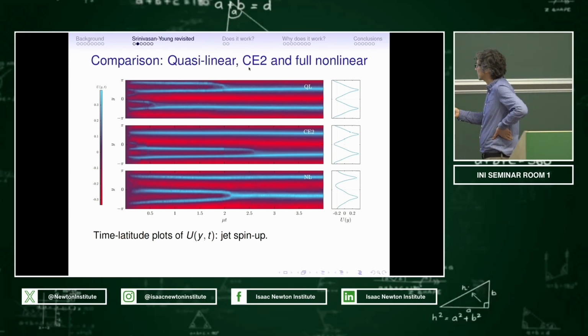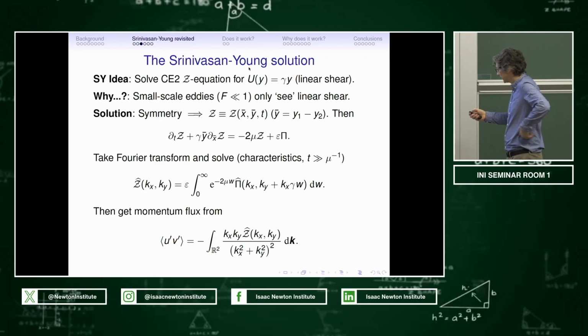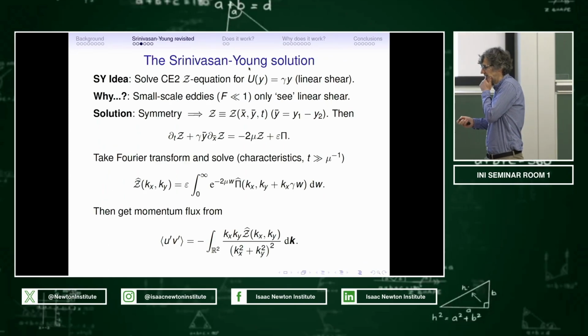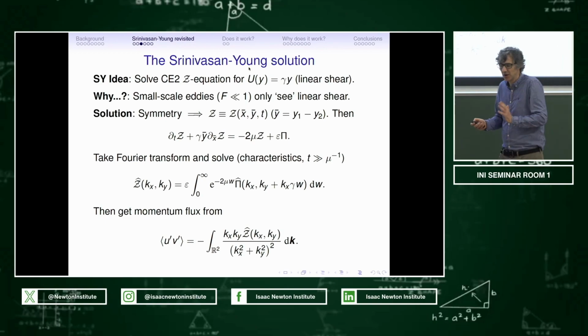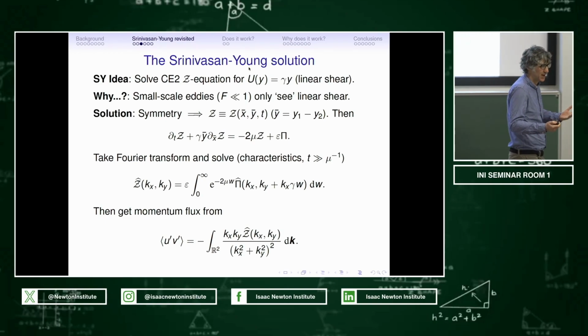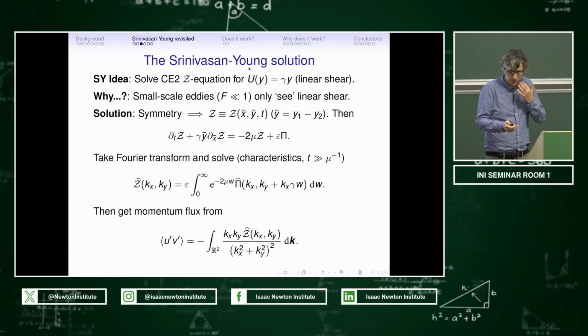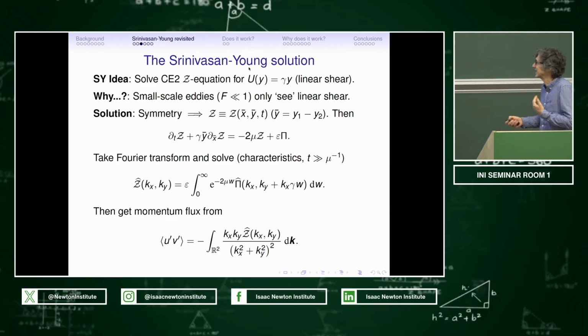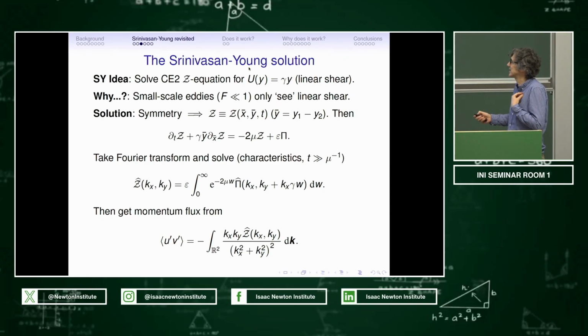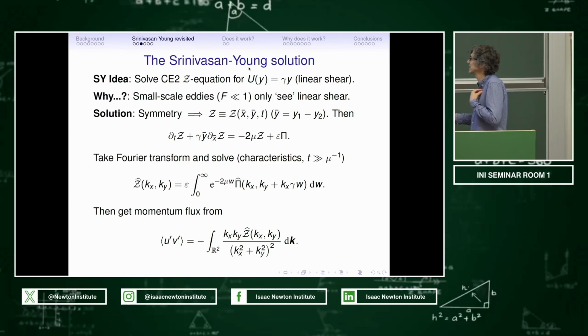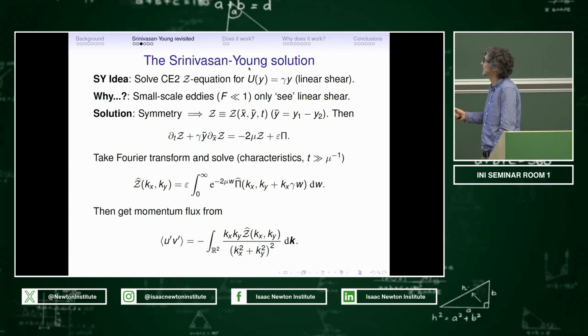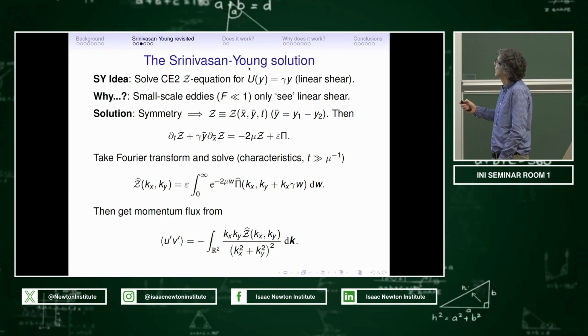So how does this help us? Srinivasan and Young's theory for momentum fluxes follows from the idea that you can find exact solutions to the CE2 equation for the correlation function for the perturbation vorticity, in the special case where the flow is a linear shear.